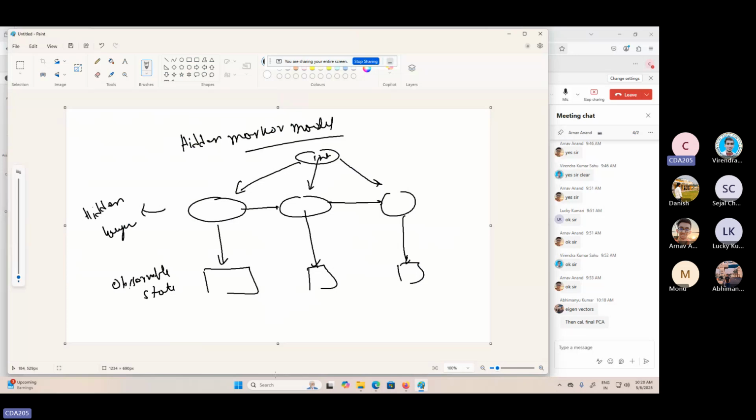Based on the observed states, we have to find the hidden layers. These are known as the transition matrix, and this is known as the emission matrix.